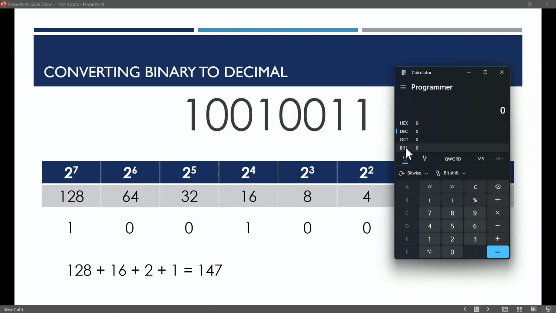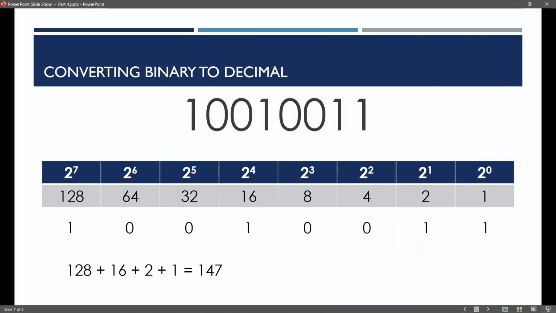If I select binary here and put in 10010011, I can see right at a glance that the decimal representation of that is the 147 we calculated. As you might guess, you could click on decimal, and let me clear this and put in 192, and we should see the binary we calculated of 11000000. So you can easily check your work with your calculator as you are practicing this skill.